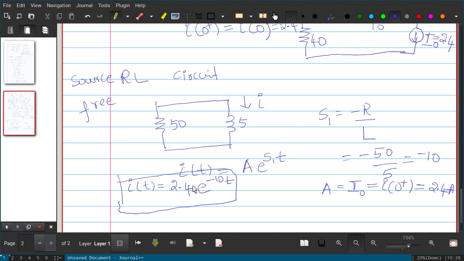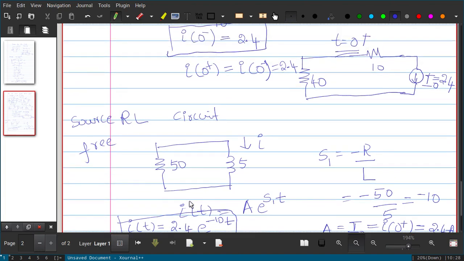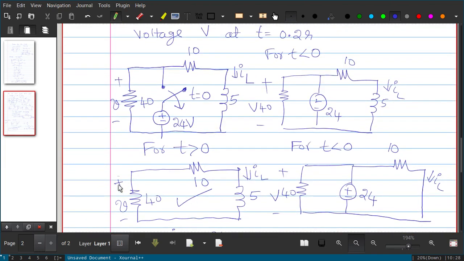Now, the question asked here is not the voltage across the 50 ohm, but the voltage across the 40 ohm. So what is the relationship between this voltage and IL? V equal to IL into 40, isn't it?